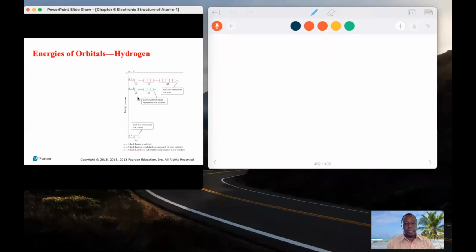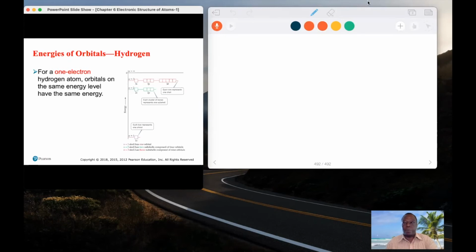Look at the pattern: 2s, 2p, and each one of them, pz, px, and py, 3s, 3p, and 3d. This will be helpful when we write the electron configuration. There is a way we use this. If you look at the energy levels, you get to 2p before going to 3d. This is how each of these orbitals is occupied, moving away from the nucleus.